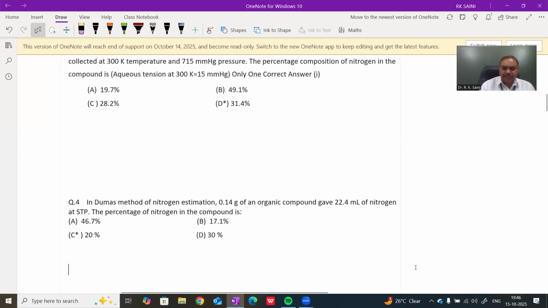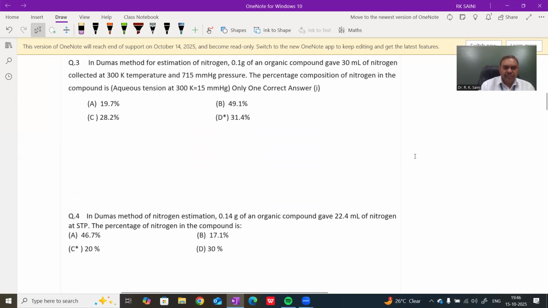Question third. In the Duma method estimation of nitrogen, 0.1 gram of organic compound gives 30 ml nitrogen collected at 300 Kelvin and 715 mm pressure. Find the percentage of nitrogen in this compound. Aqueous tension at 300 Kelvin is 15 mm. It means it is the pressure of moisture.